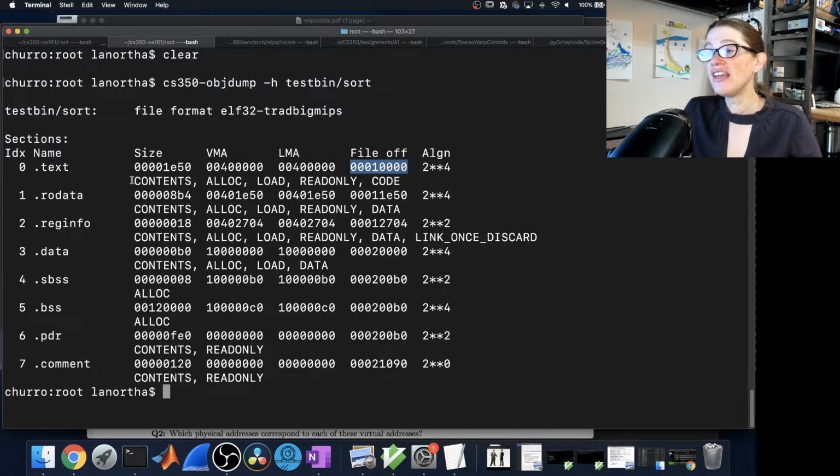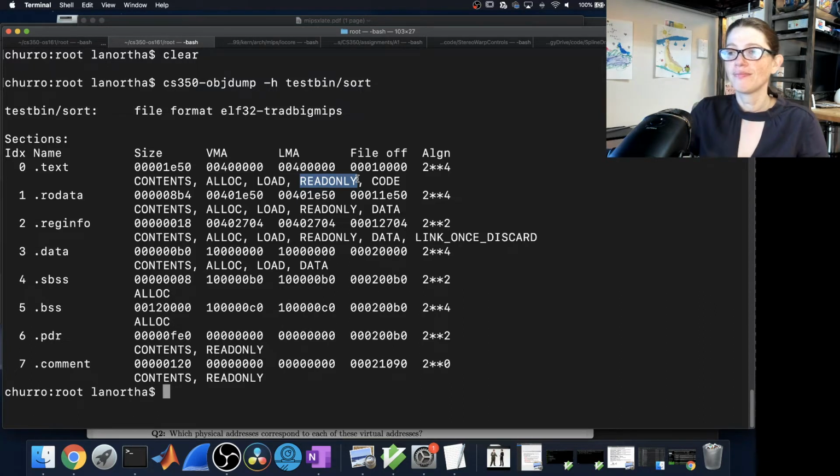Underneath, it tells us a bunch of information about what we should do with this segment. A lot of these things aren't really that interesting to us, but you will notice that this segment is marked as read-only, which means when we load it into the address space, it should be treated as read-only, so when the user tries to write to it after the initial load, they shouldn't be allowed to.